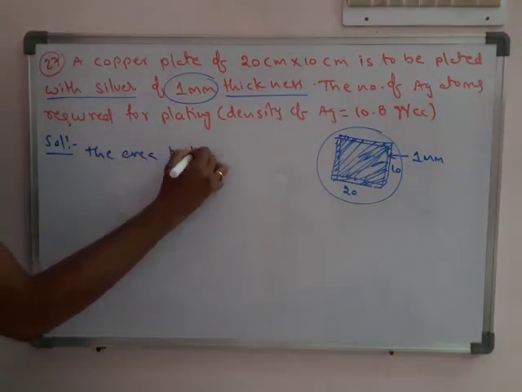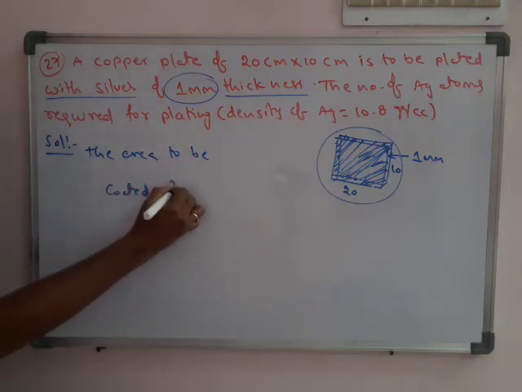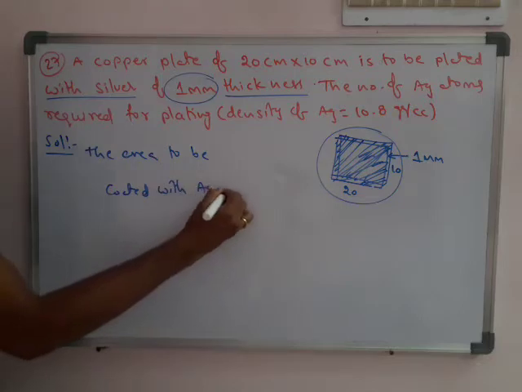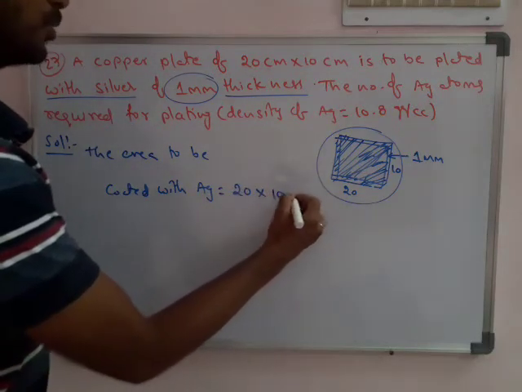The area to be coated with silver is equal to, so what is the length of copper plate, 10? So what is the thickness?